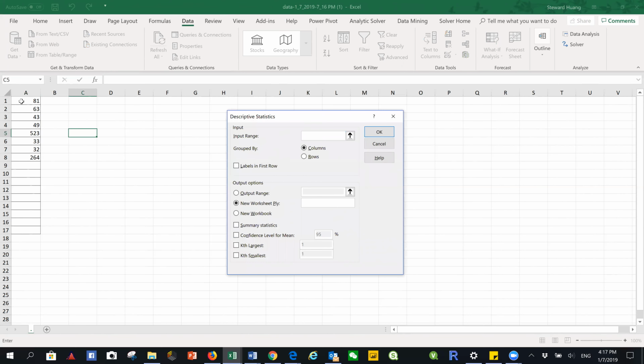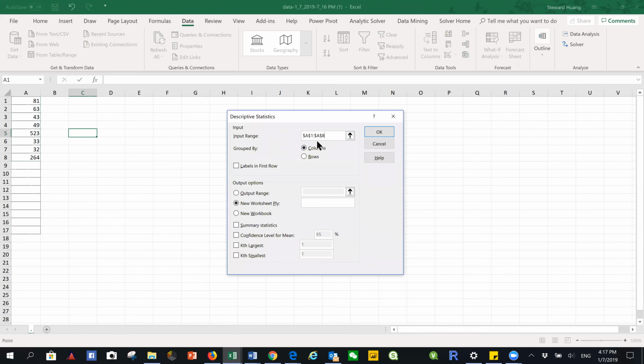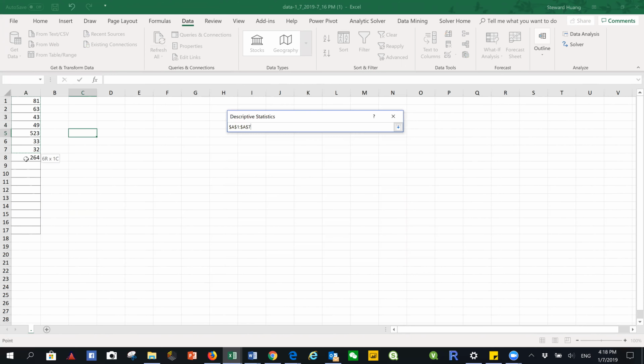For the input range, just move your cursor to select all of them. You can see A1 to A8. They are in the same column. There's no label, so you don't check the label. If you check the label, the first number 81 will become the label, so you will have one less observation, and that's not accurate. Let me do it again.